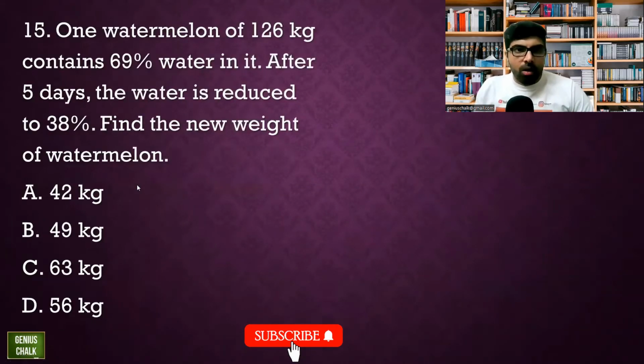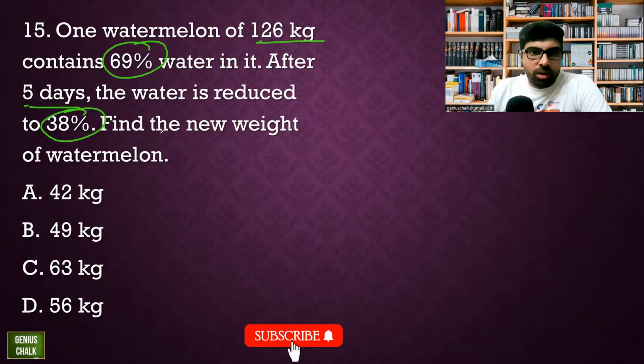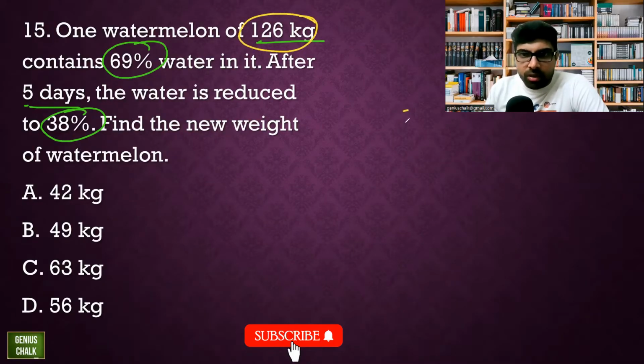Same type, one watermelon of 126 kg that is reduced to 38%. What is the new weight of watermelon? Let's see. There is one watermelon, in that 69% is water, and the main pulp is how much? 31%.